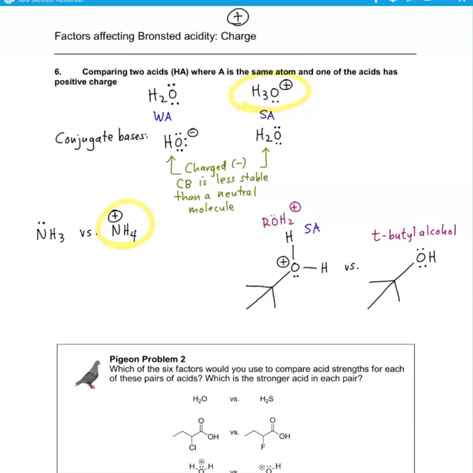We said that it was a strong acid. We also know that alcohols are weak acids. So we could rationalize the difference in acidity that way. We can also apply the fact that a proton attached to an element with a positive charge is going to be a more acidic proton than a proton attached to the same element without the positive charge.